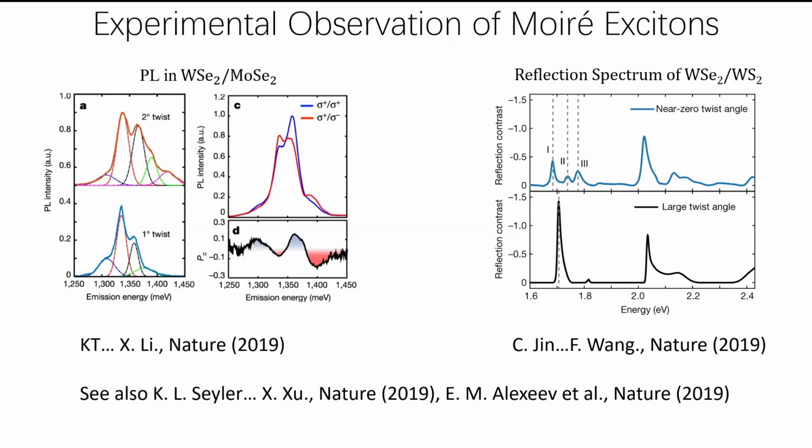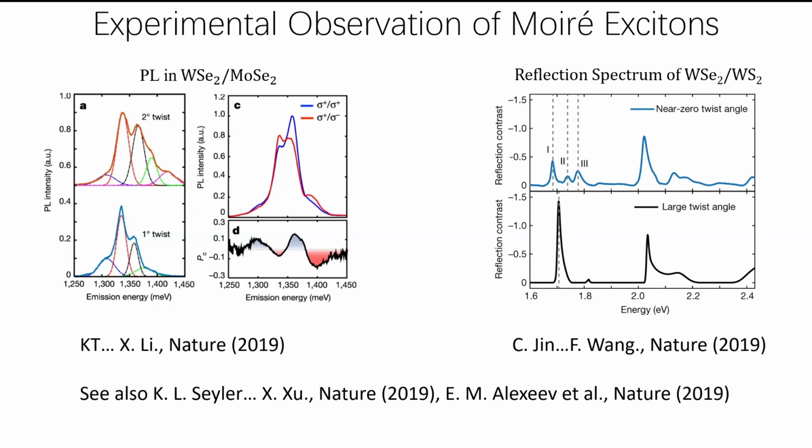In 2019, there were four back-to-back Nature papers, one from Xiaoqin Li's group at Austin, others from Berkeley and from Xiaodong Xu's group, and the fourth paper from a European group. Essentially, all reported the splitting of the exciton peak in this Moiré superlattice. I show two of them here.